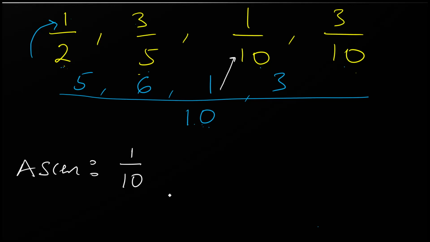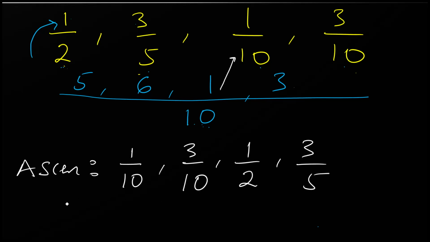The next one is 3, which corresponds to 3 on 10. The next one will be 5, and that is half. And the last one will be 3 on 5. So we say we have arranged them in ascending order. That's how we do it.